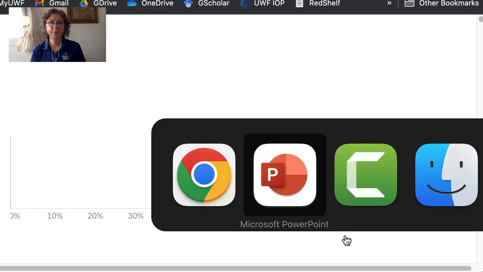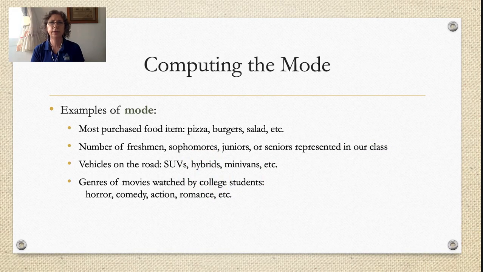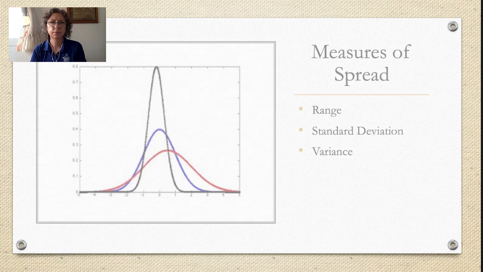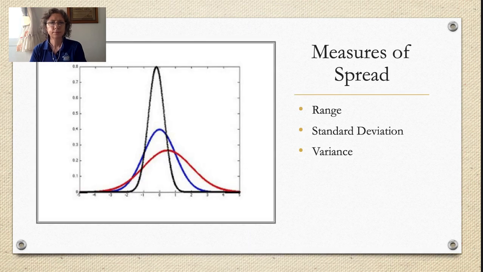Okay, back to our PowerPoint. So measures of central tendency that we've been talking about, the mean, median, and mode, are really helpful in describing the central score in a data set with a single number.